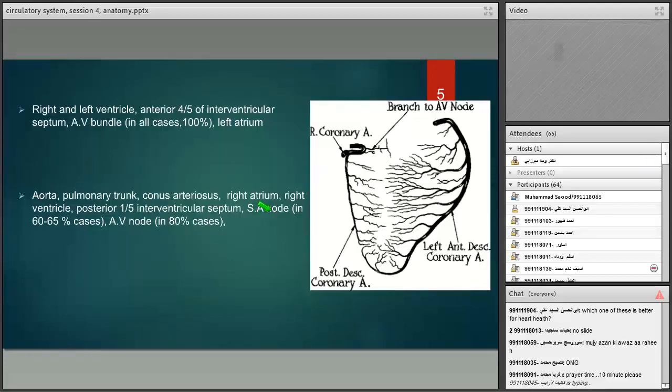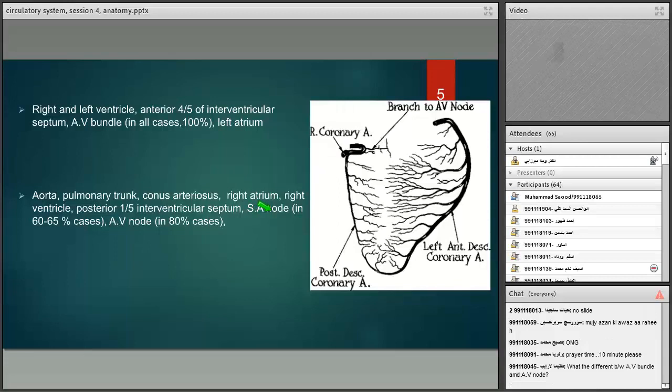The SA node will be supplied by the right coronary artery in 60 to 65% of cases, and in the others, these nodes will be supplied by the left coronary artery. I will explain the bundle and the node today, okay?